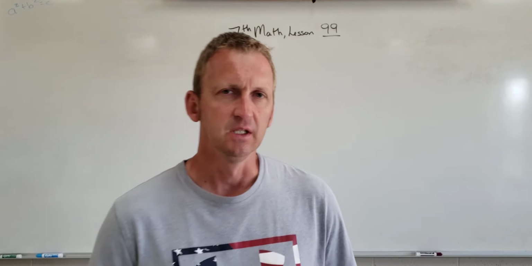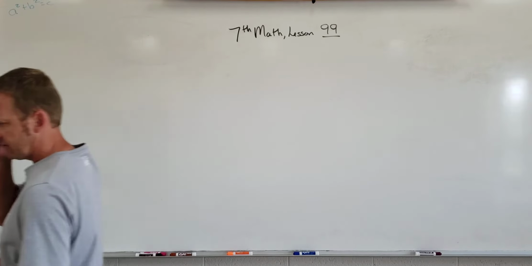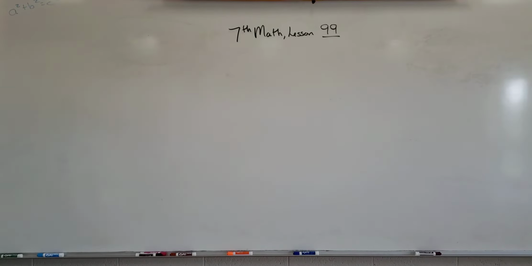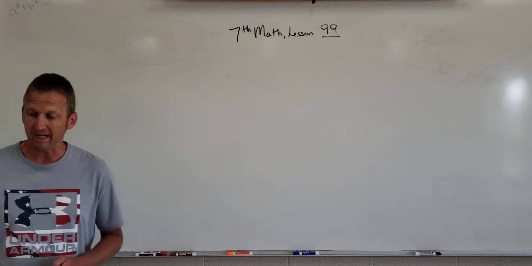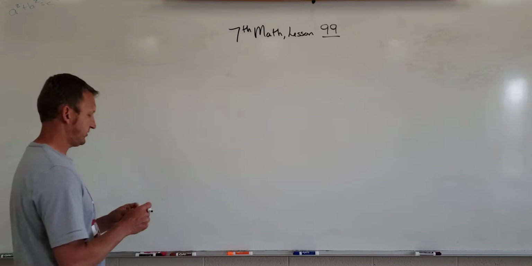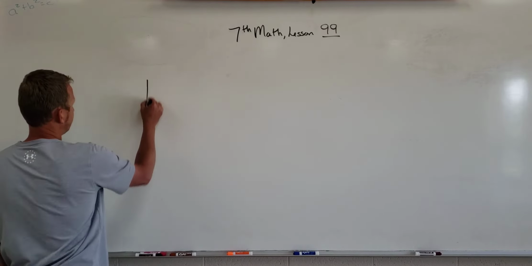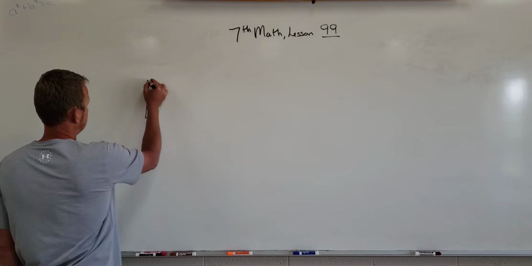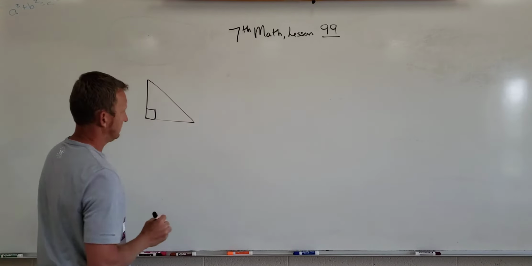All right, lesson 99 for this week. Page 684 is called the Pythagorean theorem. If we look at a triangle, specifically a right triangle, it's going to look like this.